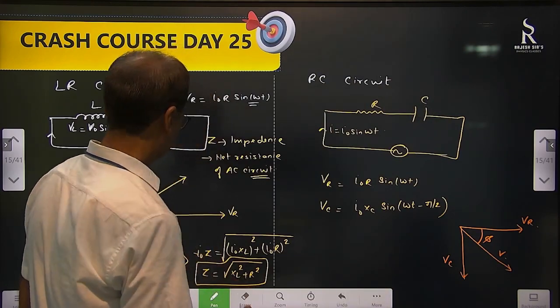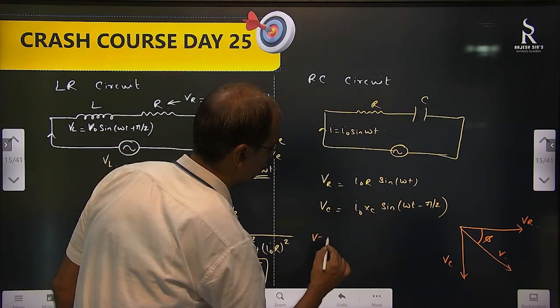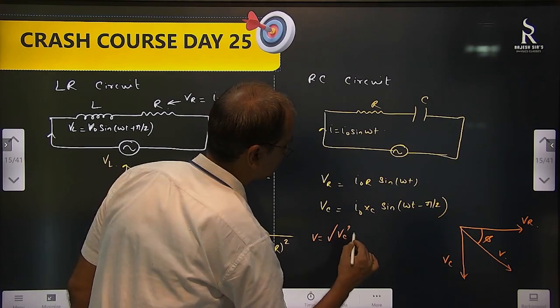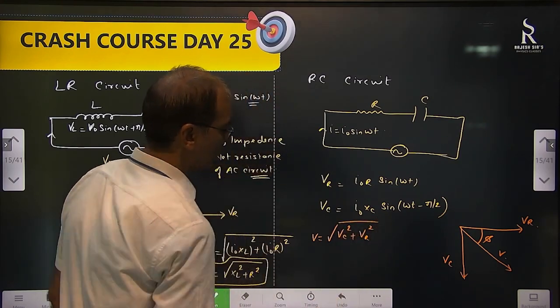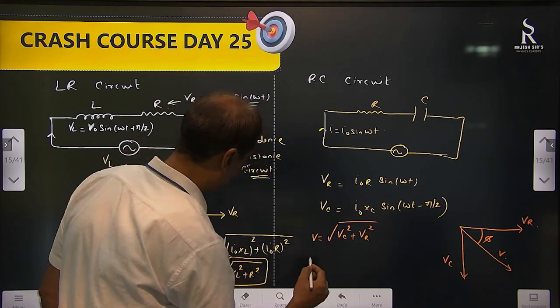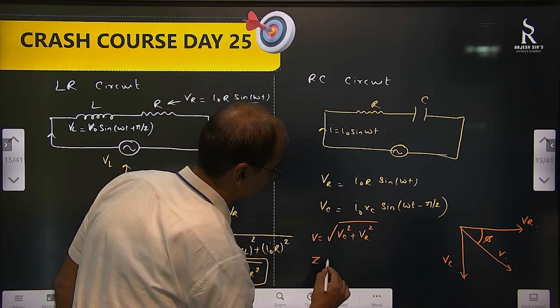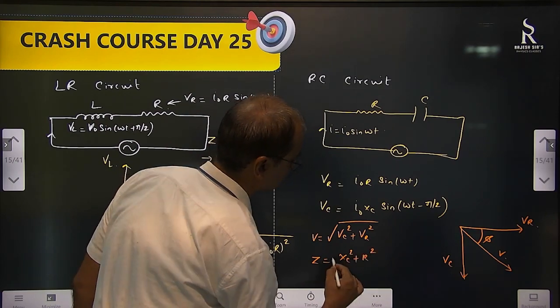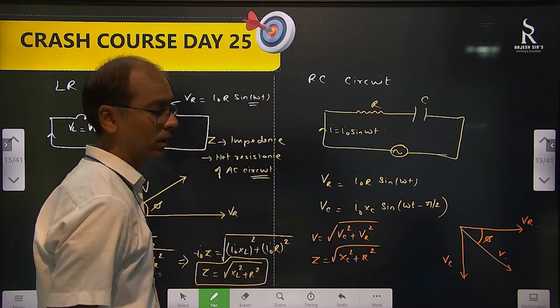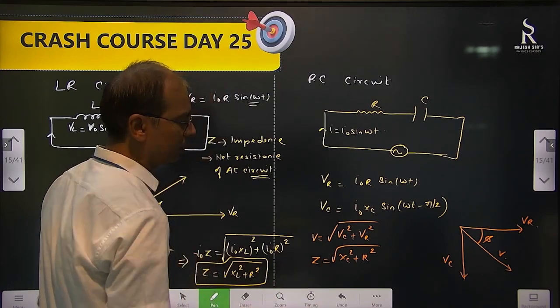Same way, V will be equal to root over VC square plus VR square. Then same way, Z here will come out to be root over XC square plus R square.